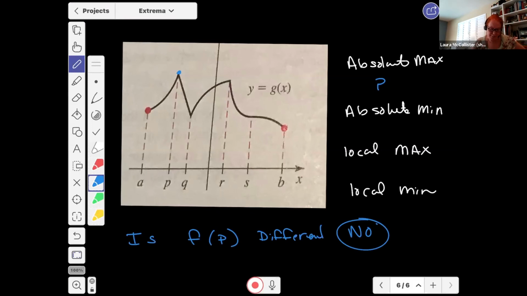All right, the absolute min occurs where? The absolute min occurs at B. Excellent. All right, the local max occurs at P and at R, and the local min is at Q.